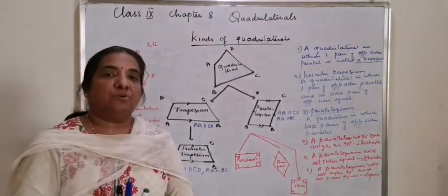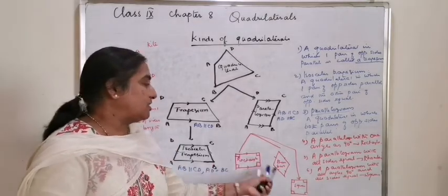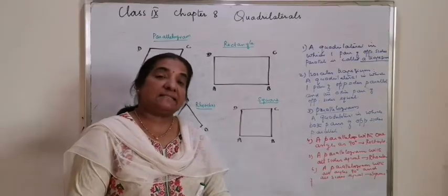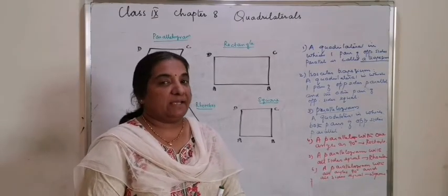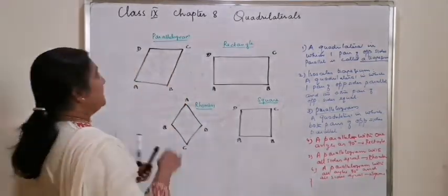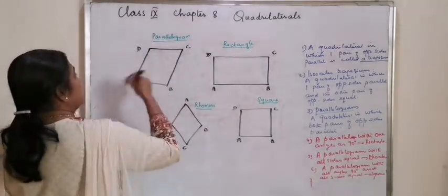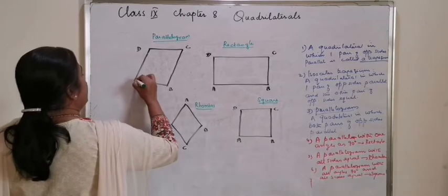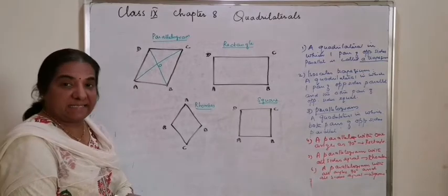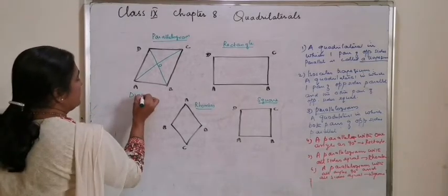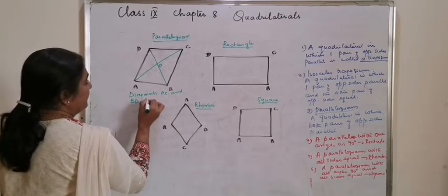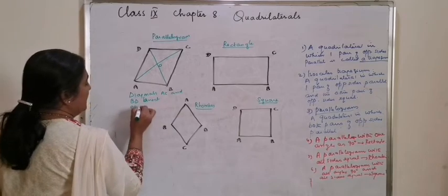We will be studying the properties of these special types of parallelograms in detail. First, let's discuss the properties possessed by the diagonals of each of these different kinds of quadrilateral. In any parallelogram, the diagonals AC and BD bisect each other.